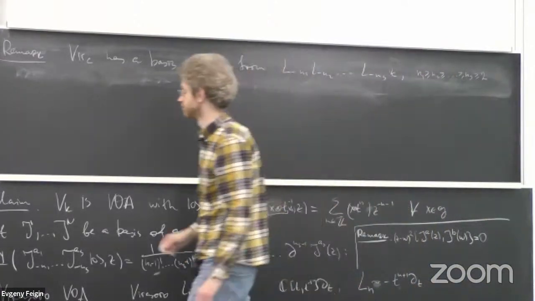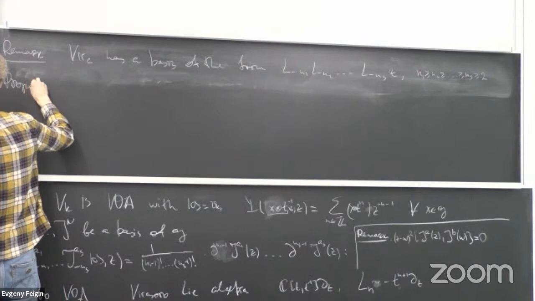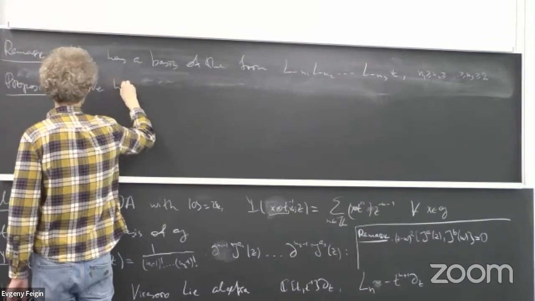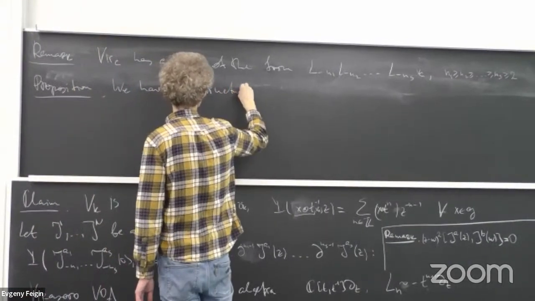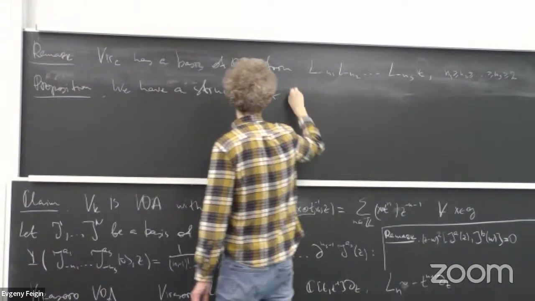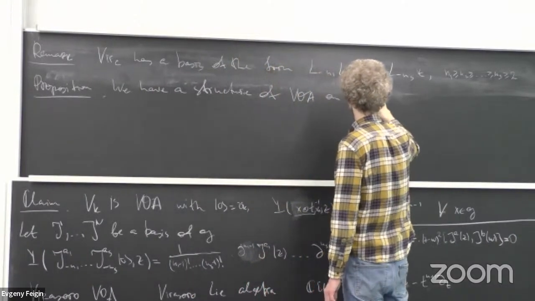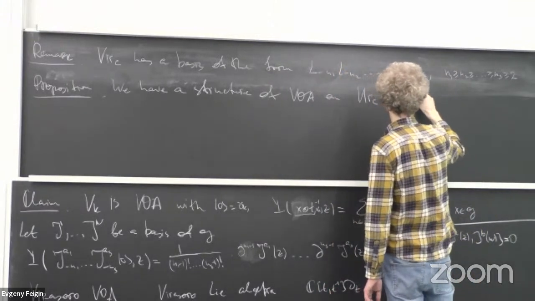And then we put forward the following proposition. So we have a structure of VOA on our vector space with the following properties.